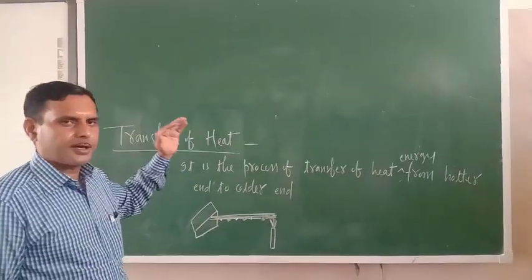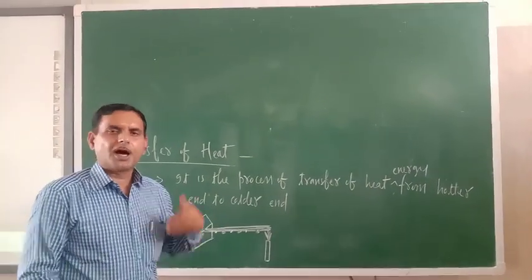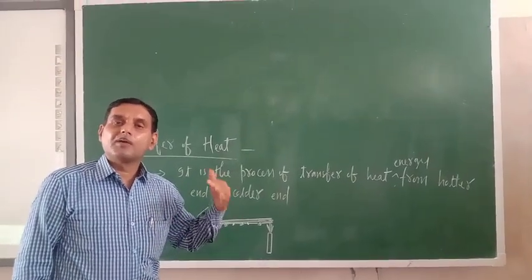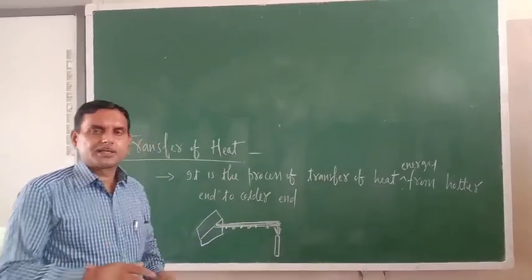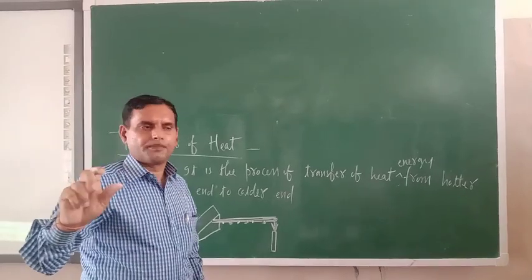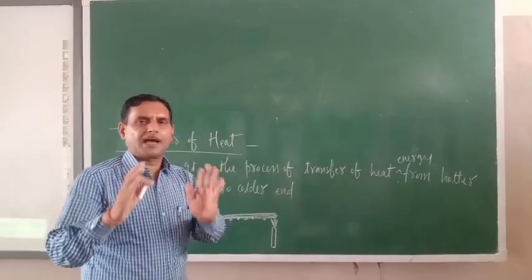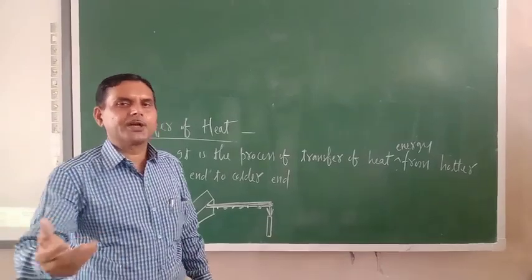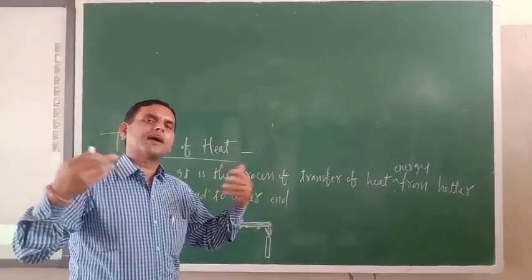Now transfer of heat. So as you know, heat is one form of energy. In our daily life there are so many examples where heat is transferred from one end to another end. How? Just try to understand. Suppose you have taken one pan, and the bottom of the pan is in contact with the flame, but after some time the entire pan becomes hot.